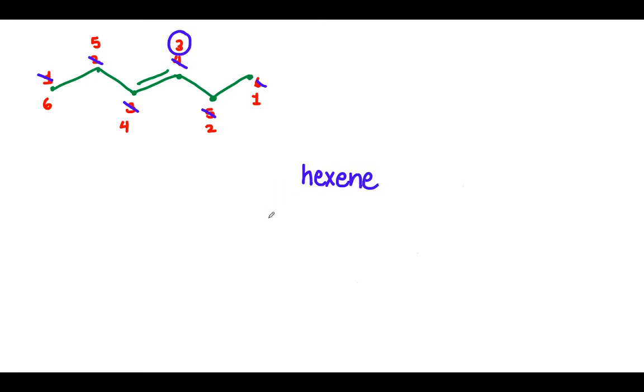But I have to specify where exactly that double bond is. Because it's between 3 and 4, I always choose the lesser of those numbers. 3 is less than 4, so I'm going to write 3-hexene. That is the name of this particular molecule. You might also see your textbook do this, so you'll see the naming as hex-3-ene. That is also correct. Both of these names are appropriate.